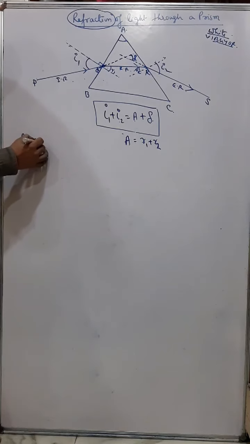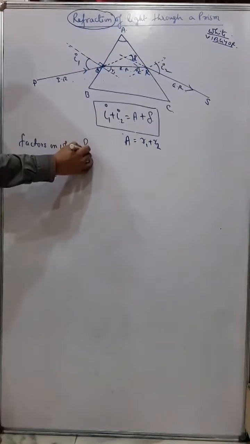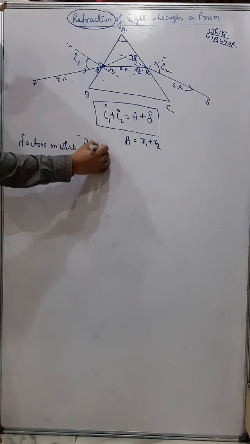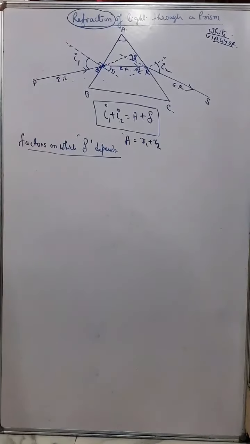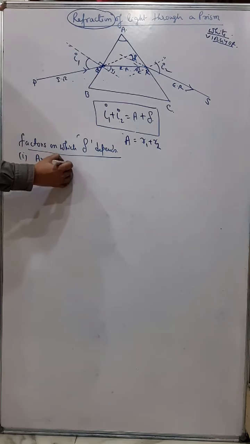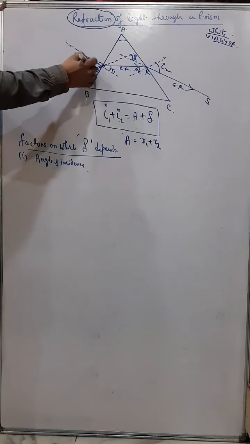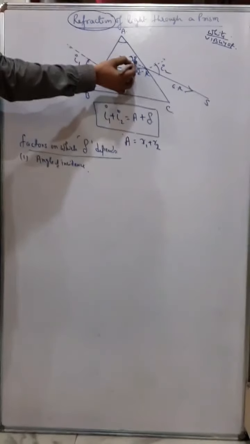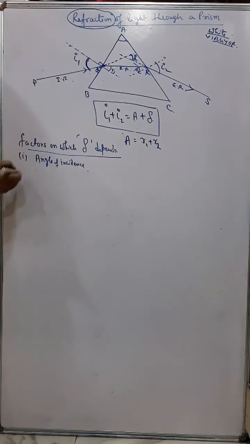The factors on which the angle of deviation depends. The first factor it depends on is the angle of incidence. So this angle of deviation depends upon this angle of incidence. I will explain you later.